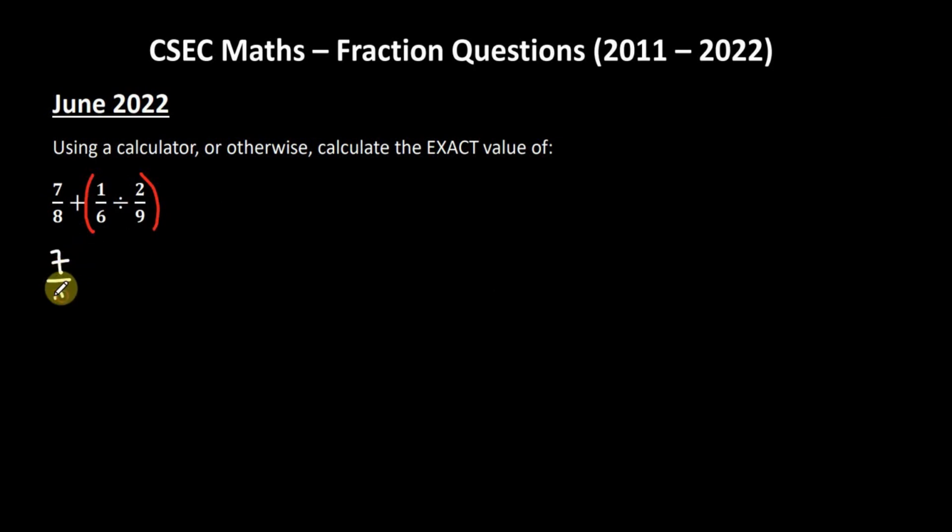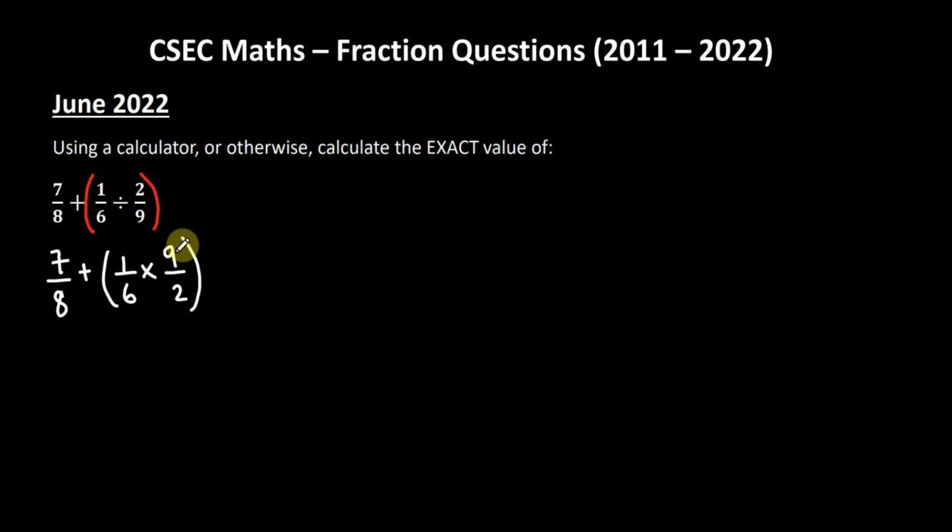So we have 7/8 plus, and we're going to treat with what's inside of this section first because we have to divide first. So I'll keep the first fraction. That's how we divide. Change the sign to multiplication. Flip the second fraction. So I bring the 9 to the top, the 2 to the bottom, close bracket there.